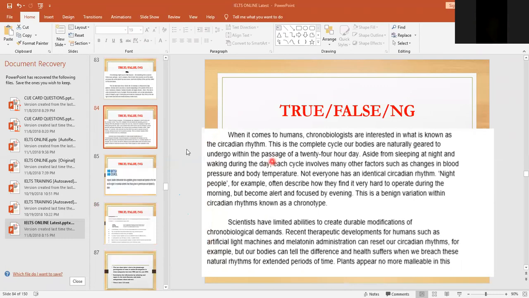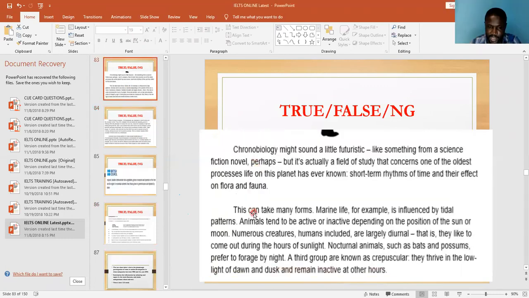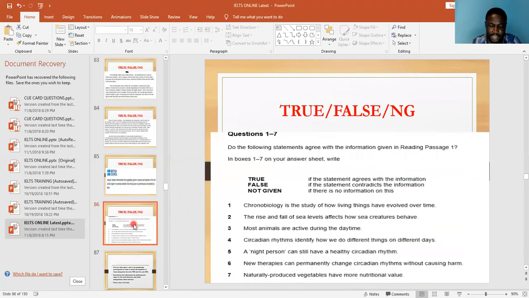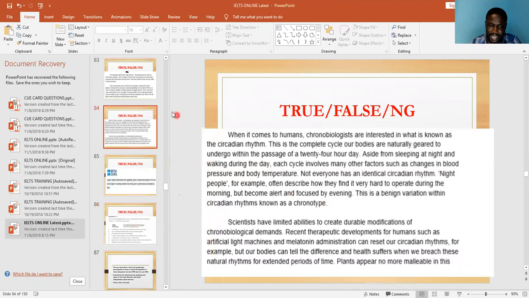Okay, this is the passage. It says, this can take many forms. Marine life, for example, is influenced by tidal patterns. That's where the statement is. I said they can use synonyms. This statement says the rise and fall of sea level. What is tidal pattern?